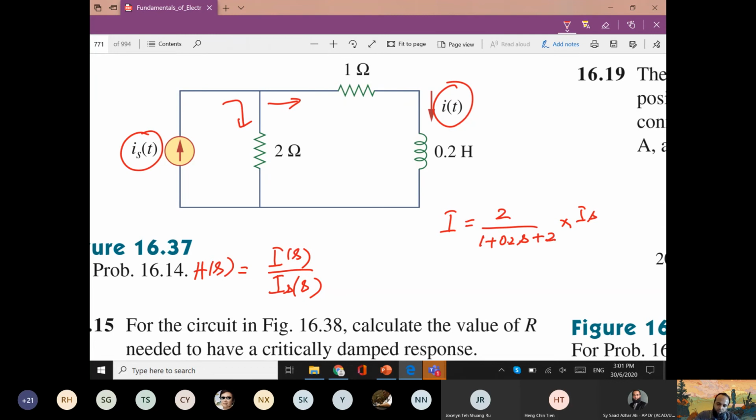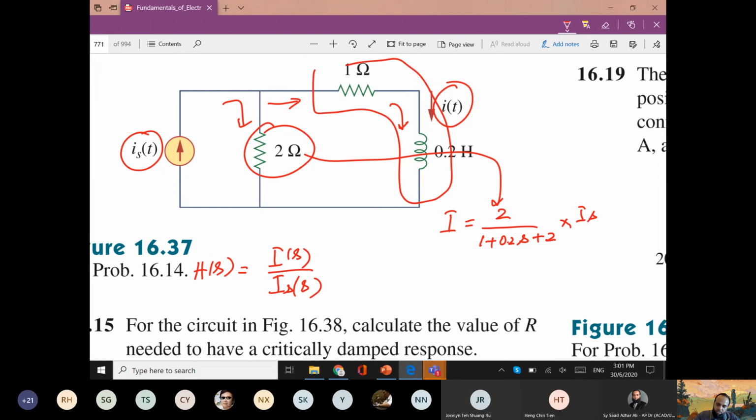When we are looking for this current, we need to put this one in the numerator, which is coming here, and in the denominator the sum of all the impedance. So this is 1 plus 0.2s plus 2, and now we can say that I upon Is is 2 upon 3 plus 0.2s. This is the transfer function.